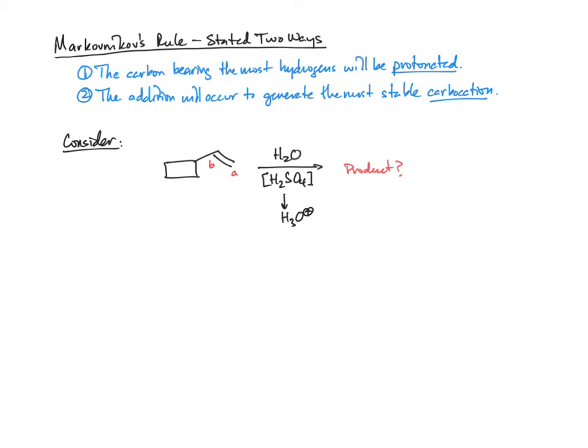We have 3 students typing A. So again, A is basically agreeing with this statement. We look at A and B. A has 2 hydrogens, 1, 2. B has 1. So A has the most hydrogens. When that's protonated, what is the classification of the resulting carbocation?